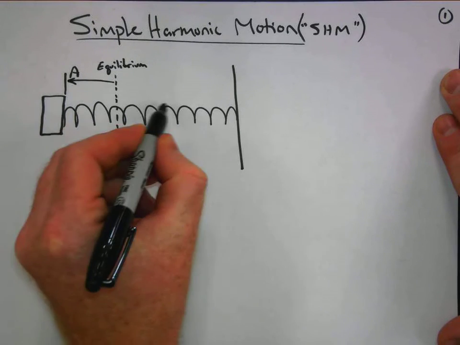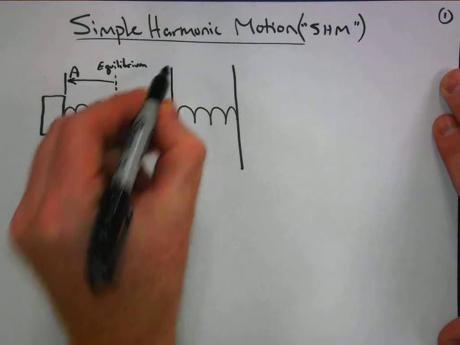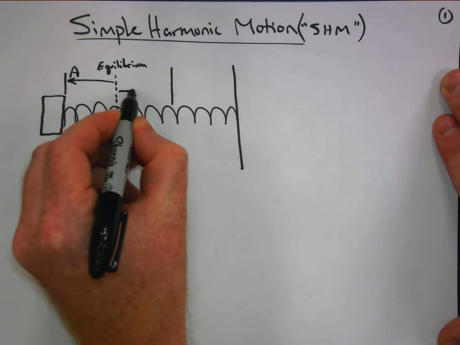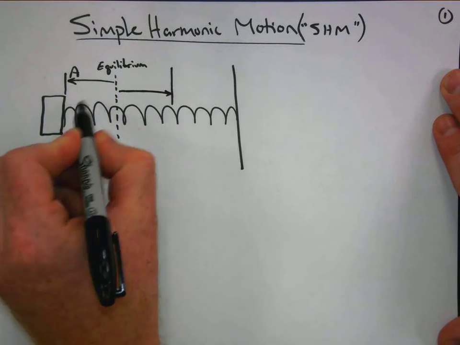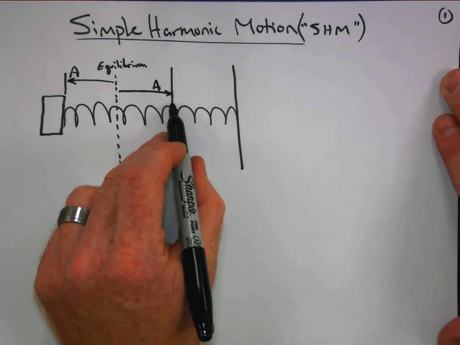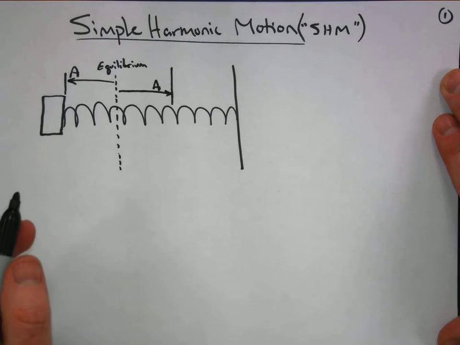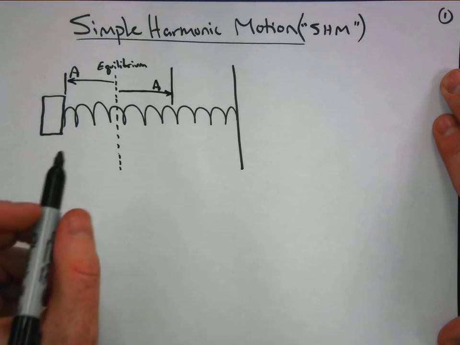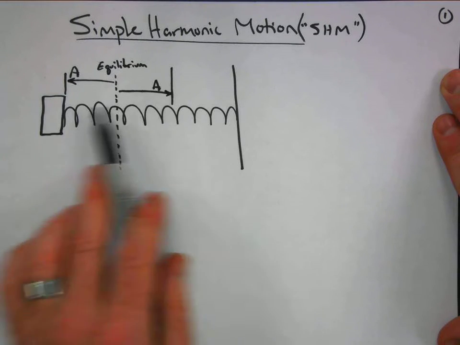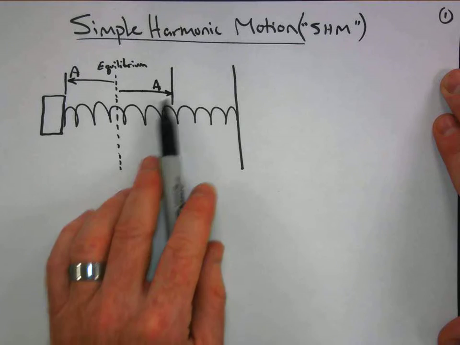And it would swing back, assuming there's no loss of energy due to any other influence. It's going to overshoot equilibrium and head this far, and get that far, which is also equal to A, the same amplitude away from equilibrium. And that's the idea. It would just oscillate back and forth between amplitude down this way and amplitude this way.